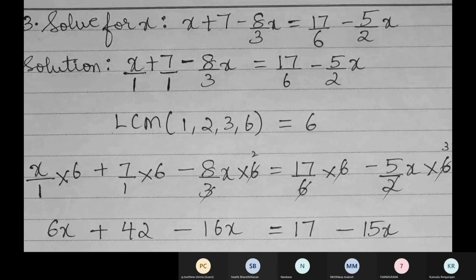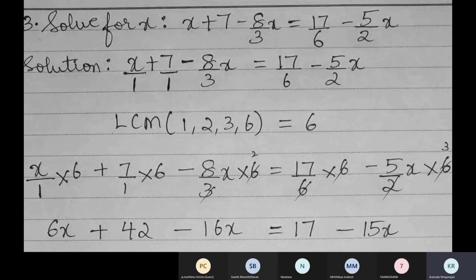All right, Nandana, let's see if your answer is correct. But all your steps were perfect. You've understood it clearly. Good. All right, children, now what do we have here? In the LHS, we have 6x plus 42 minus 16x. Is simplification possible there?